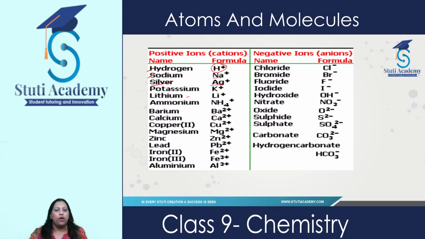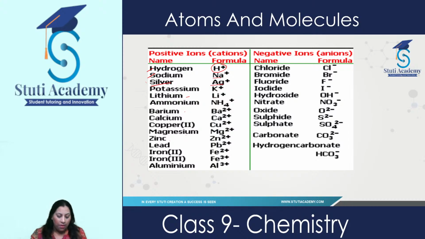Just learn these formulas. Barium, Ba2 plus, calcium, again Ca2 plus, copper 2, Cu2 plus, magnesium Mg2 plus, then zinc Zn2 plus, lead Pb2 plus, iron 2, iron 3.